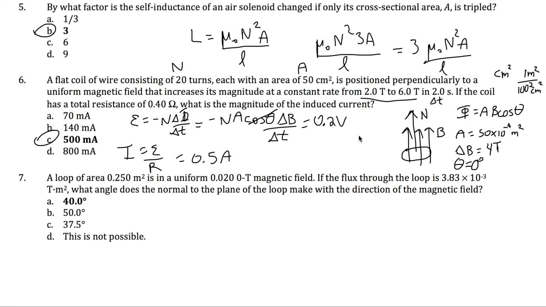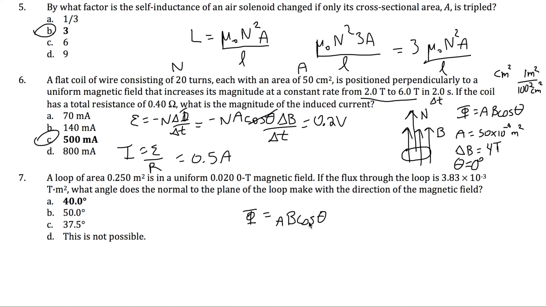A loop of area 0.25 meters squared is in a uniform magnetic field. The flux through the loop is given. What angle does the normal to the plane make with the direction of the magnetic field? It gives you the flux, and the flux is equal to A B cosine theta.